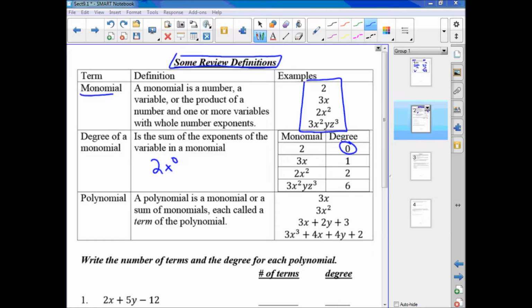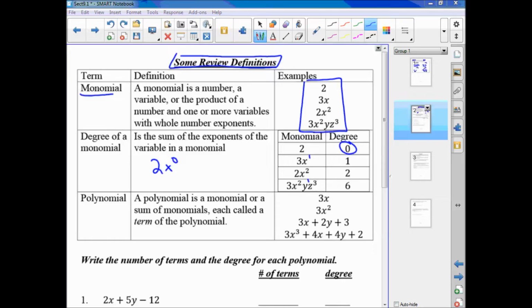So if it has no variables, the degree is 0. Our second one is degree 1 because it has a 1 exponent. Our third one is degree 2 because it has a 2 exponent. And our last one is degree 6 because you add up the exponents on all the variables: 2 plus 1 plus 3 makes 6.